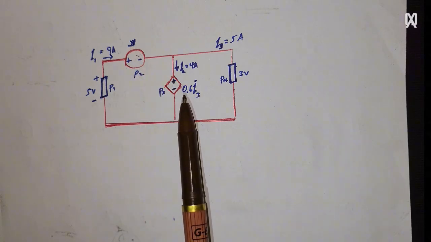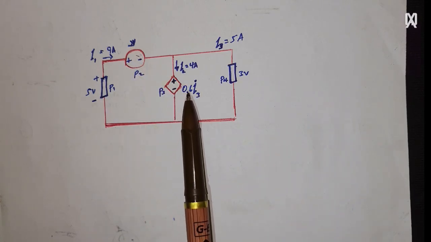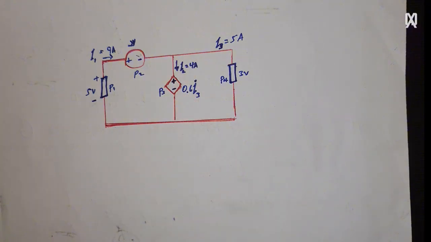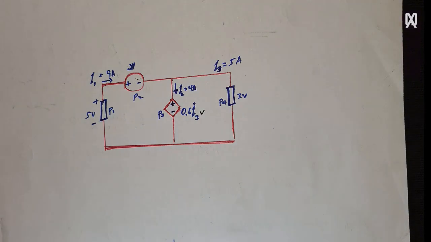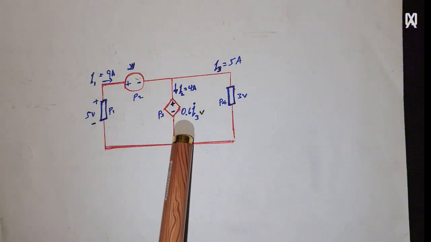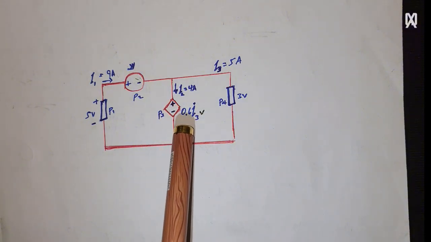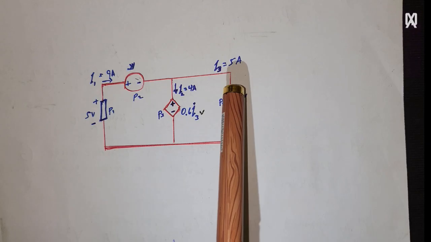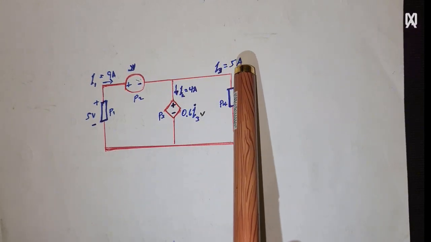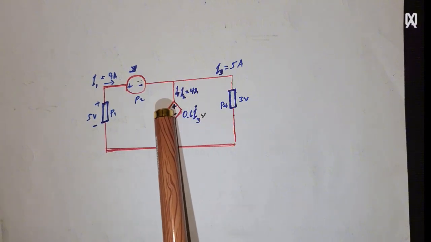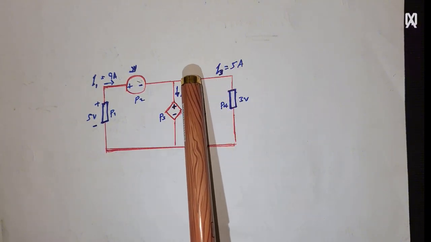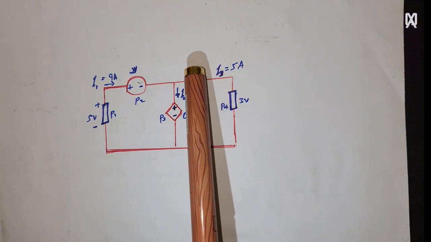As you see, this voltage source is 0.3 I3 volt. The amount of voltage this source gives us depends on the current in this branch, I3, which is 5 amperes. So this source depends on the amount of current on this branch.